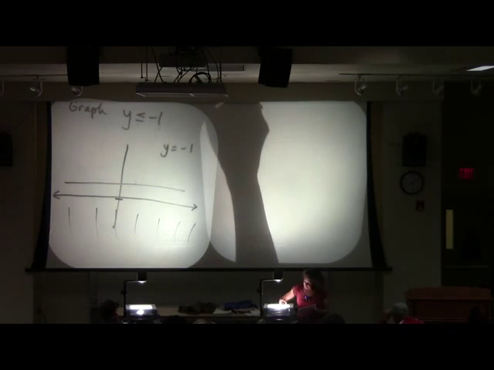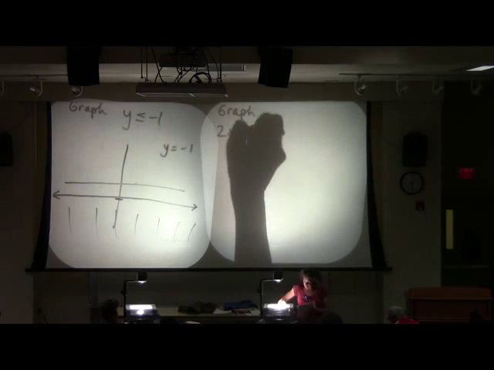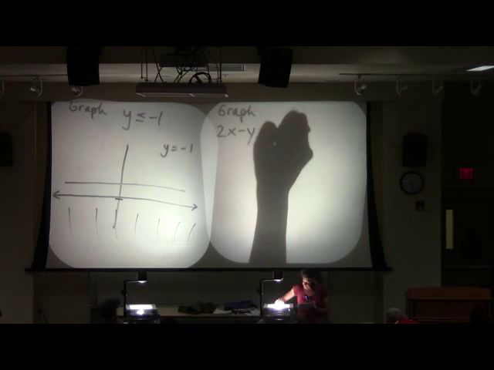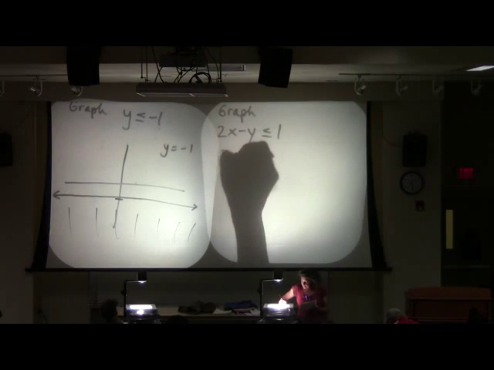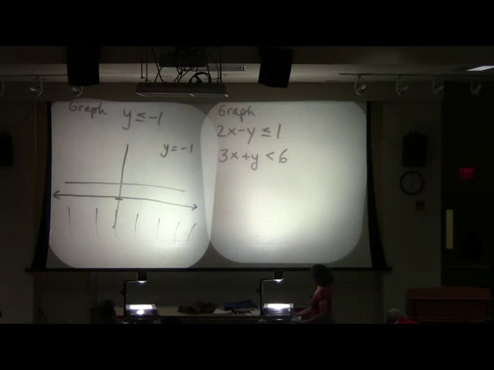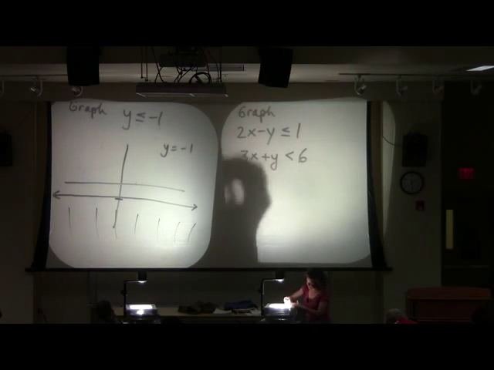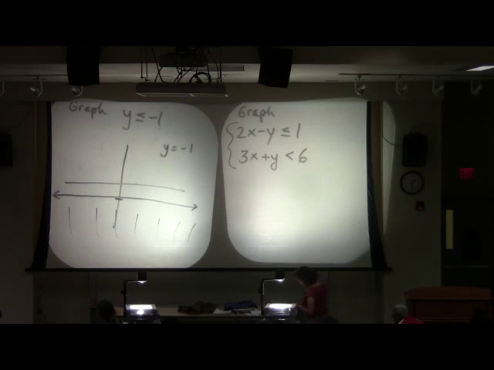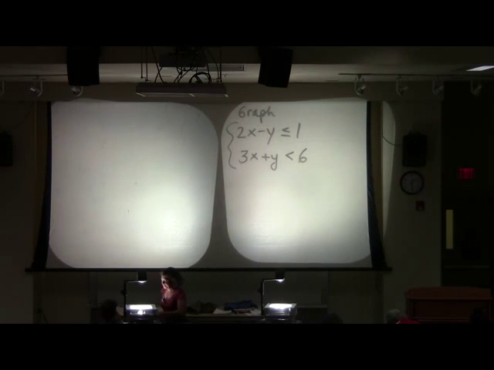So suppose I want us to graph this system. 2x minus y is less than or equal to 1, and 3x plus y is less than 6. Now, I mentioned to you this is a good section to break out your colored pencils.